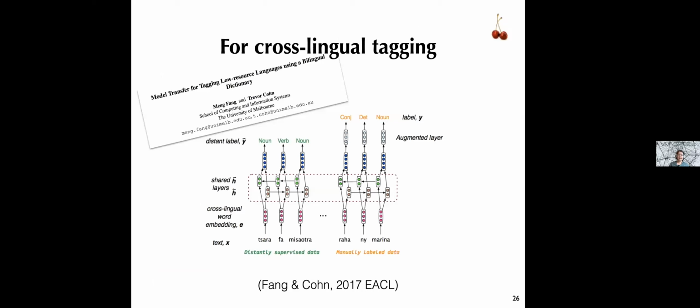Other than that, a lot of interest is also on improving models across languages. And when you do this, one of the problems is that you might get noisy labels for the language at hand. And you can also use multitask learning there and say, okay, I have my manually annotated data here on the right side, but I also have another source of information, which I transferred from distantly supervised data.